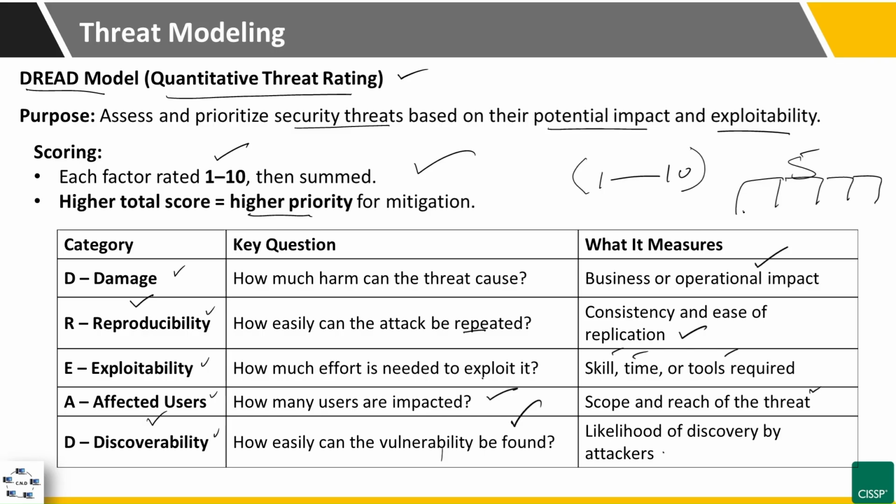For example, threat number 1 gets 25, the next one gets 40, the next one gets 29, the next one gets, let's suppose, 19, and the last one gets 23. How do we then use this score? We use this score for mitigation. The threat having the 40 score will be mitigated first, followed by the threat having 29 score, then 25, 23, and 19.